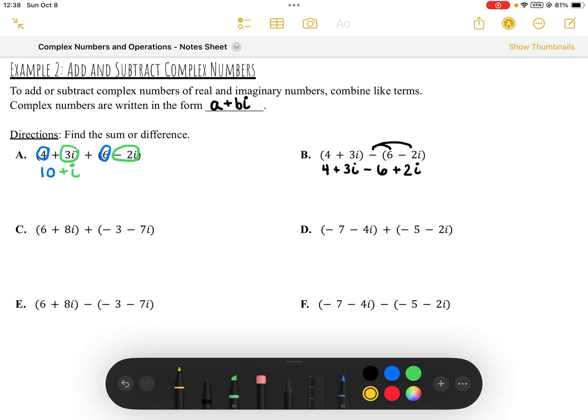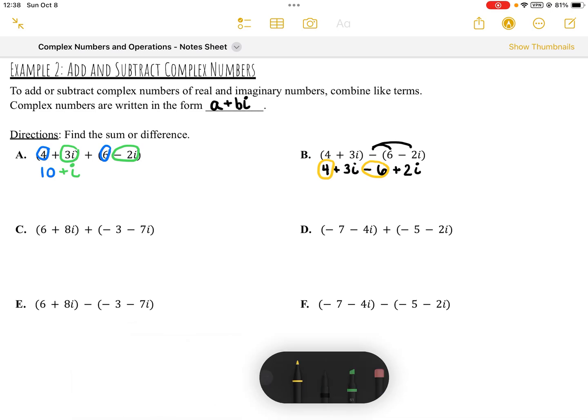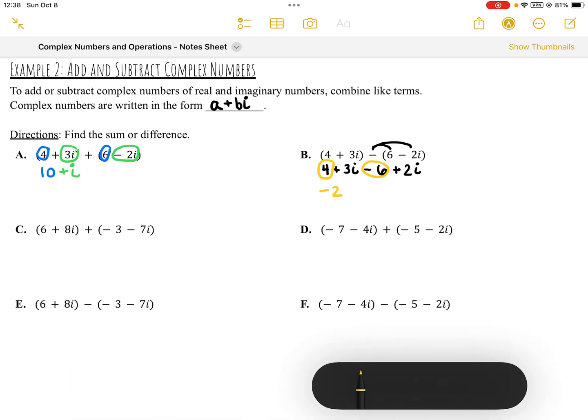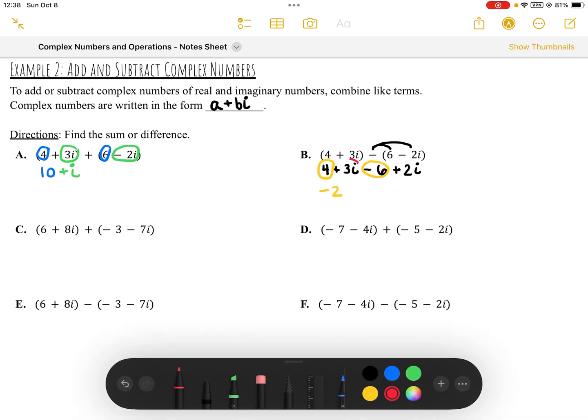Now I can go ahead and combine my like terms. So I have 4 and minus 6. 4 minus 6 will give me negative 2. And then 3i plus 2i will give me 5i. Notice how I'm writing my constant first and then the term with i in it second. So it's in that form, a plus bi.